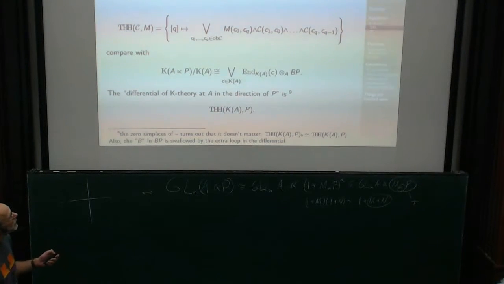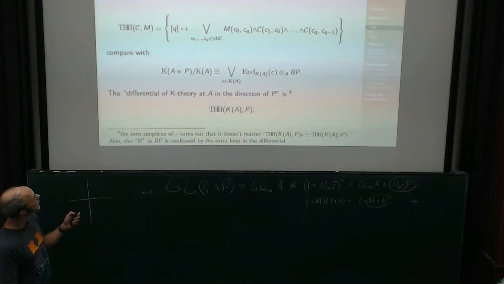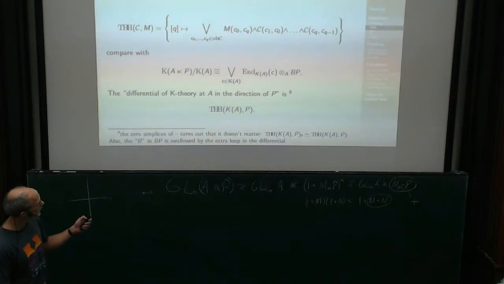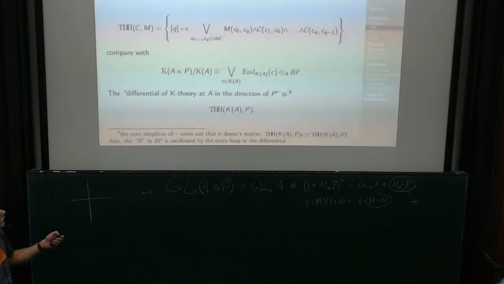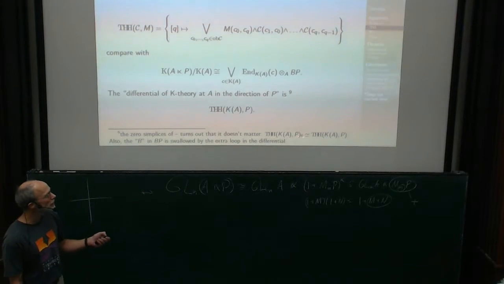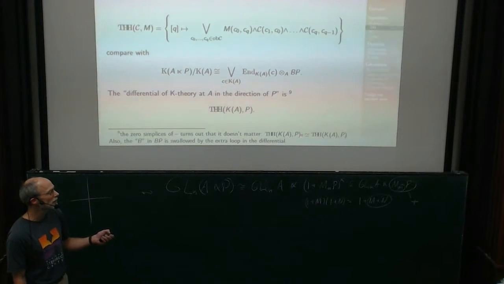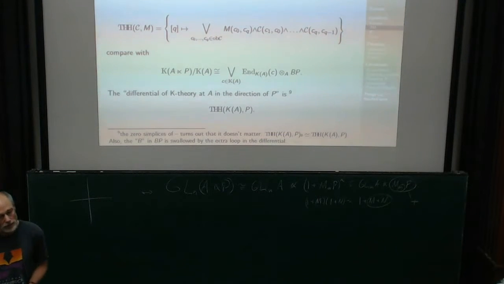So you see that the tangent space of K-theory, at least when I let the connectivity of P grow beyond everything, is exactly the same as the zero simplices of topological Hochschild homology. It turns out that the zero simplices or the entire thing are equivalent when the input is K-theory.